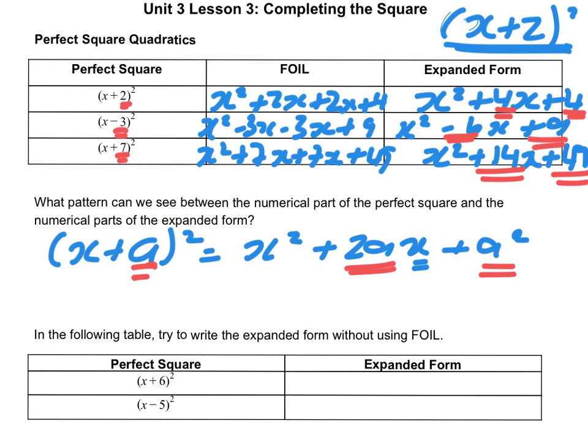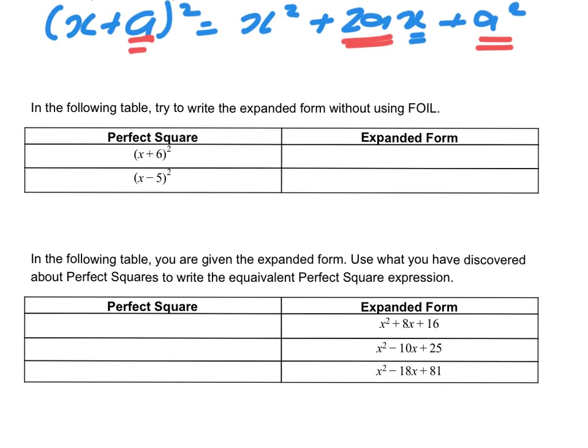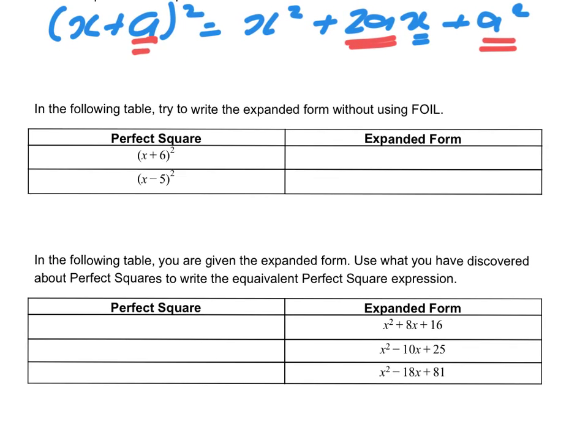Let's do an example, which might be the easiest way to explain that. In the following table, write the expanded form without using FOIL. I'm thinking here that 6 is a, so I'm going to get x squared plus 2ax. a is 6, 2 times a is 12, so I'm going to have 12x.